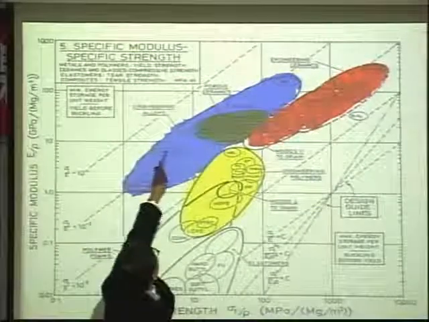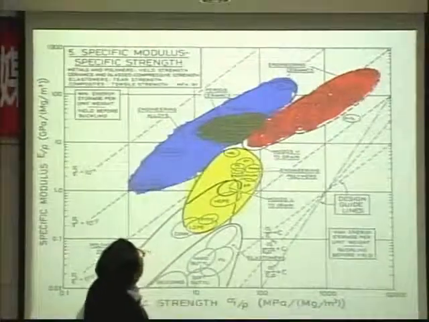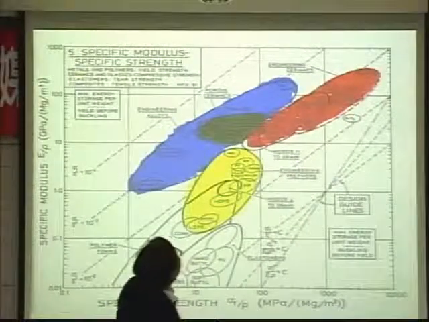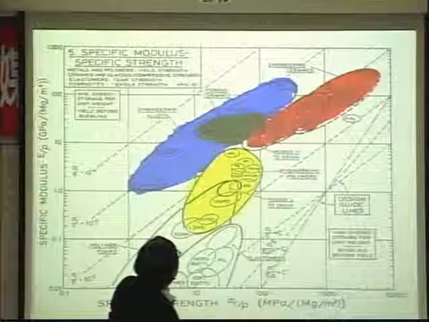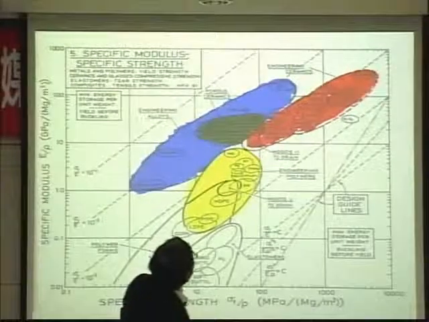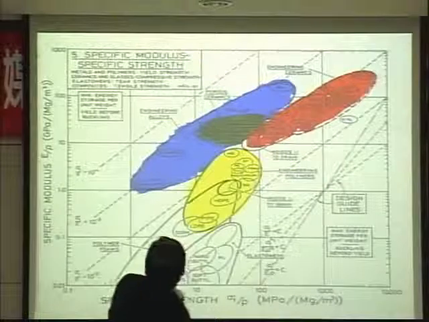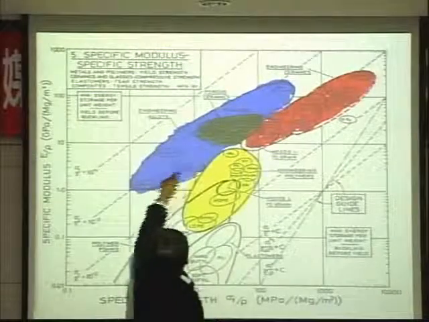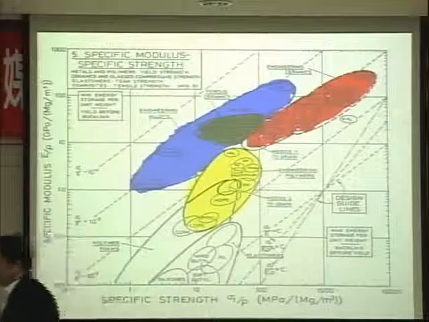And this group of material here, we call engineering material, and porous ceramics is around here. And steel structure should be somewhere in this area.